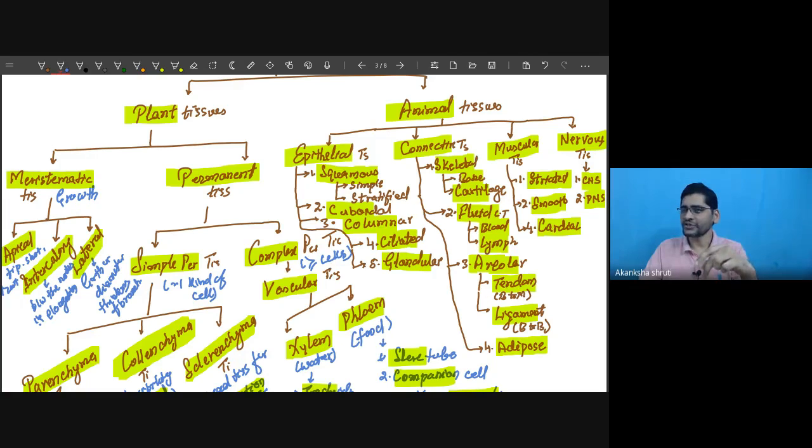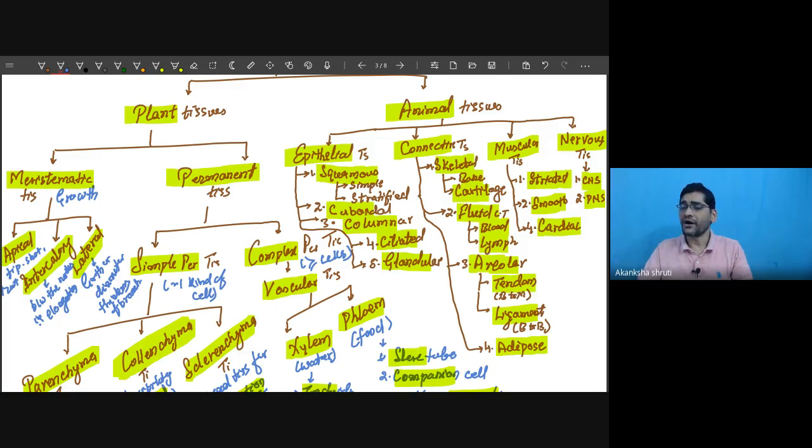or glandular tissues. Glands are certain kinds of smaller tissues which are able to store and secrete certain chemicals called enzymes and hormones.